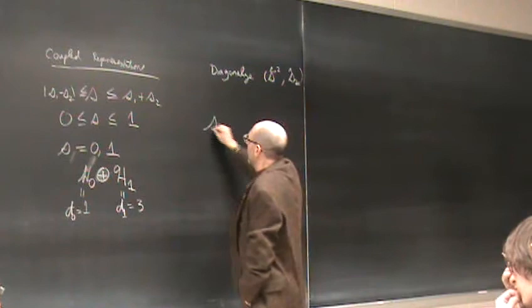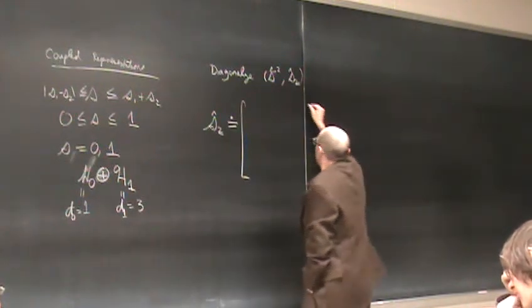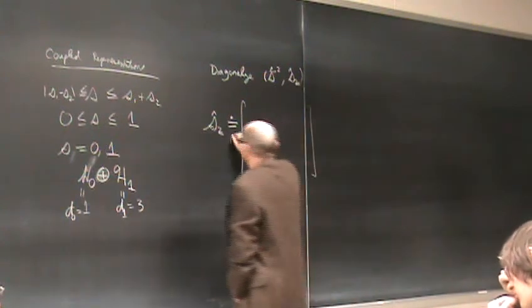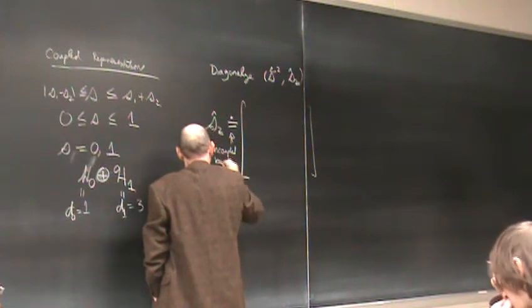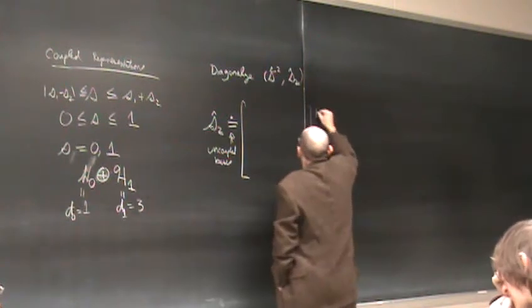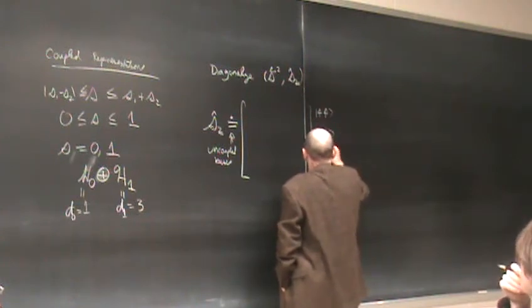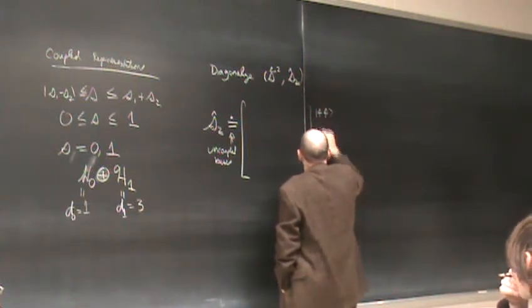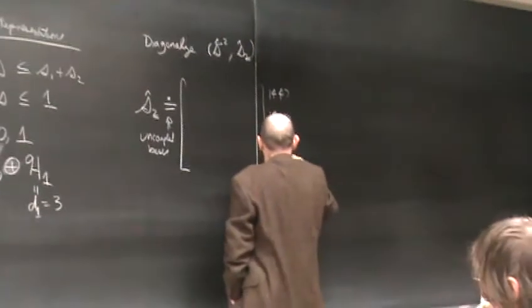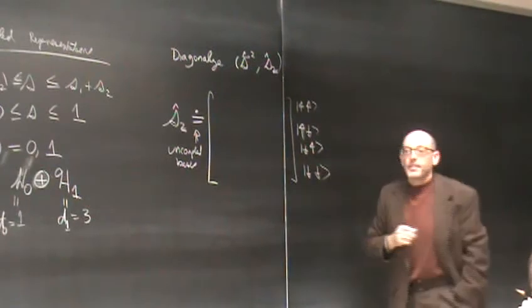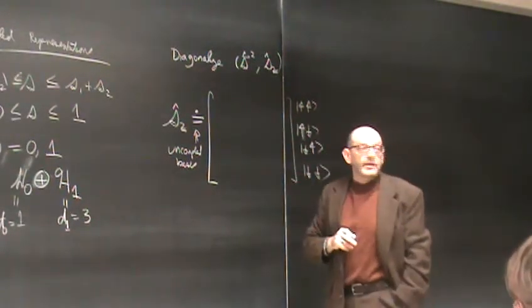So if I were to write a representation of this operator in the uncoupled basis, ordered as I wrote it, then what are the diagonal elements here?